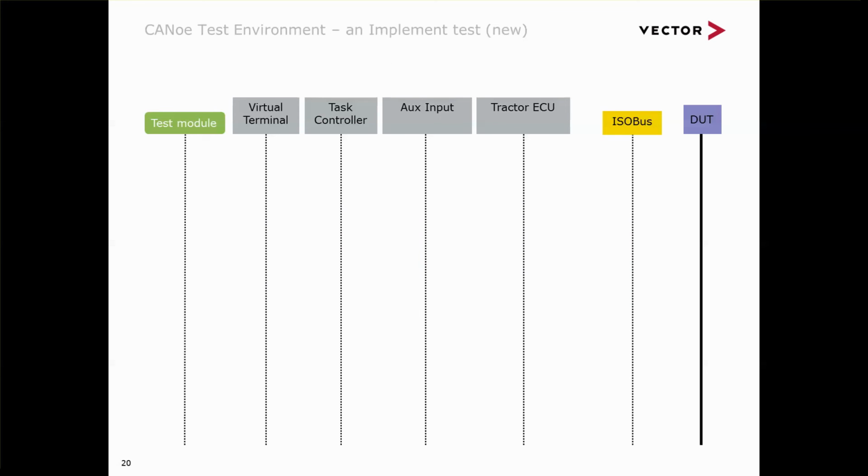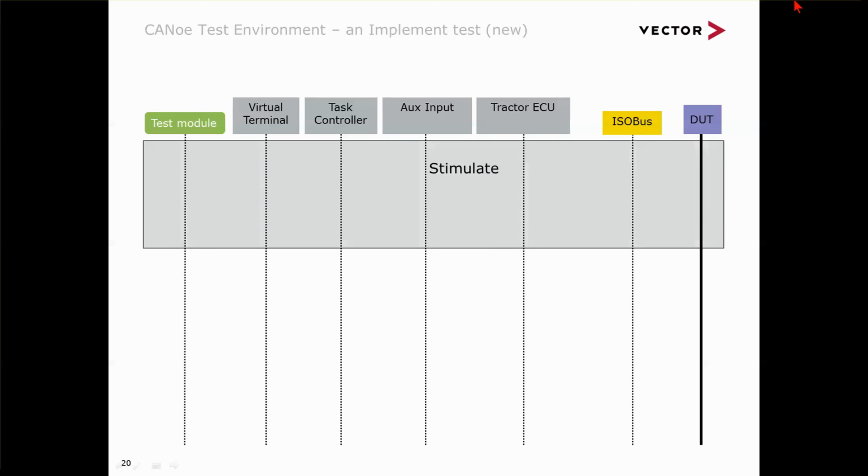A test will be operated like this. You have the test module or a test unit. You have some components of the typical simulated stuff, ISOBUS and the DOT. The following sequence diagram will show that. We stimulate our DOT via test module, via interactive task controller, interactive virtual terminal, and so on.